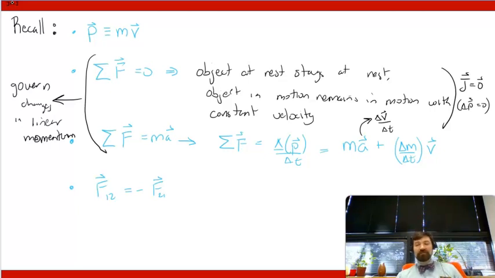Now, for most objects that we've dealt with so far, the mass is assumed to be constant while interacting with everything else. But for some objects, the mass may be decreasing or increasing.